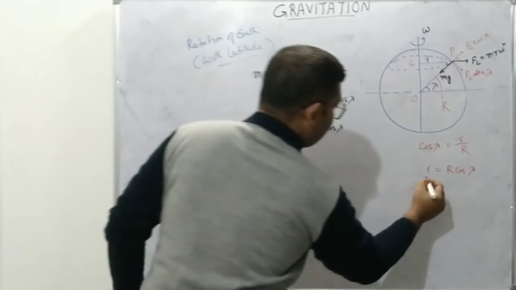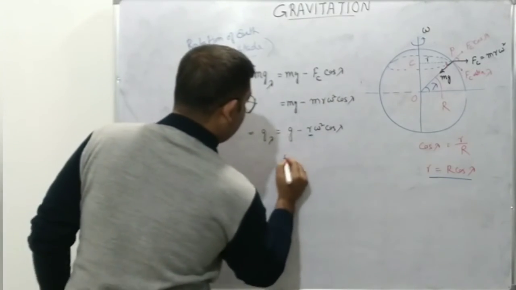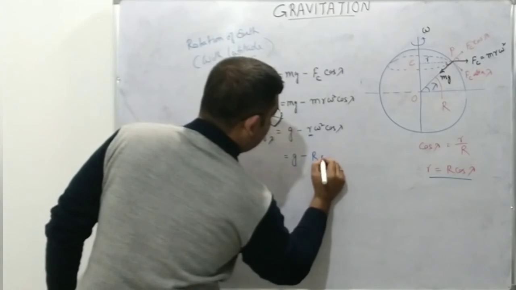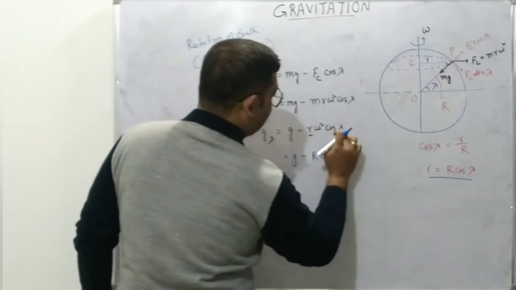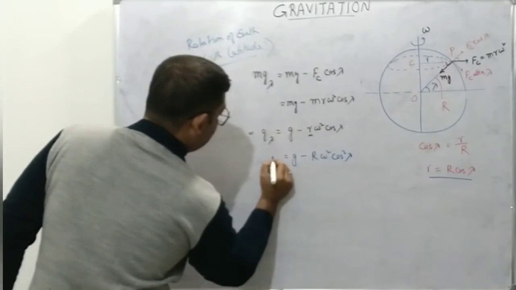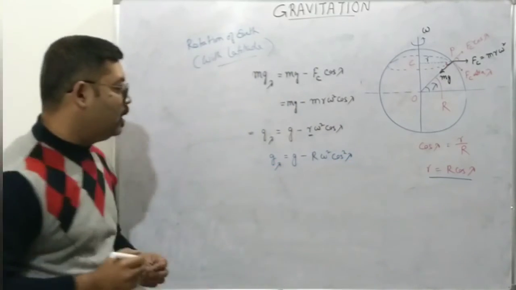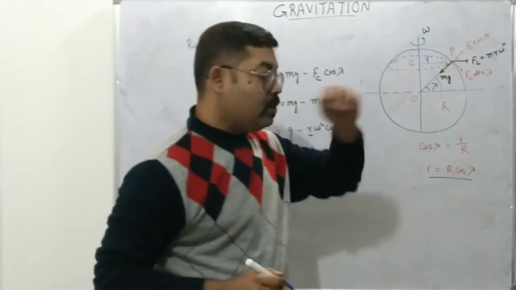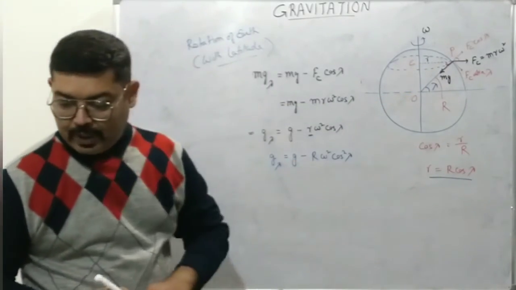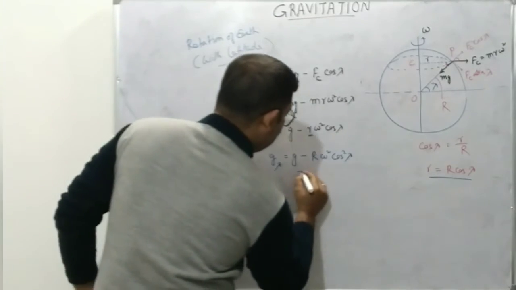So if we substitute the value of r in this equation, we get g_lambda equal to g minus R omega squared cos lambda times cos lambda, so cos squared lambda. So at latitude of angle lambda, the acceleration due to gravity will be this value.